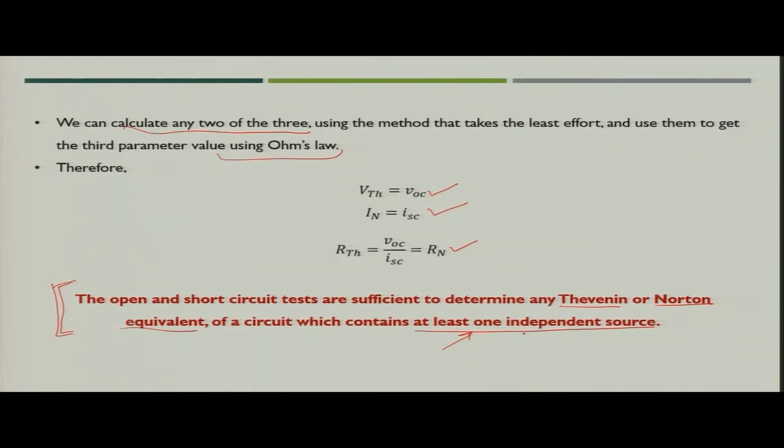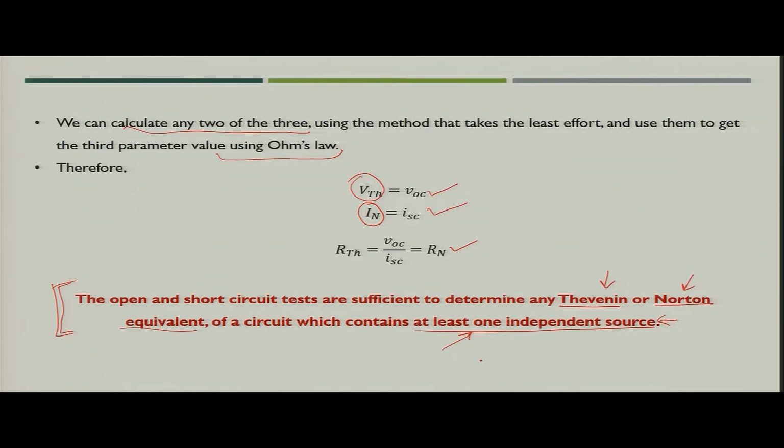So, similarly, if you do not have any independent source in the circuit, you cannot establish the value of current IN. So, this we have to keep in mind that there should be at least one independent source which helps you to determine the value of Thevenin and Norton's equivalent.